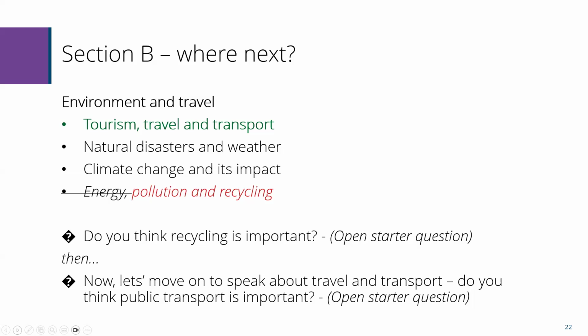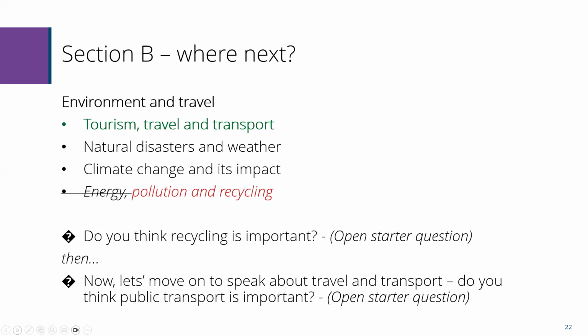Okay, so this is where you need to be adept at making sure that you plan the test. So 4 minutes for the questions on the card, and then we have 2 minutes that sort of take us to some other aspects of the sub-theme. If the sub-theme on the card is energy, pollution, and recycling, energy is what's on the card. We then move on to talk about pollution and recycling.